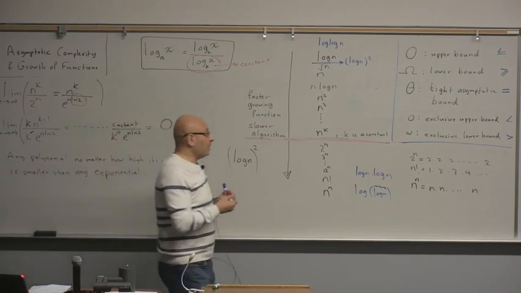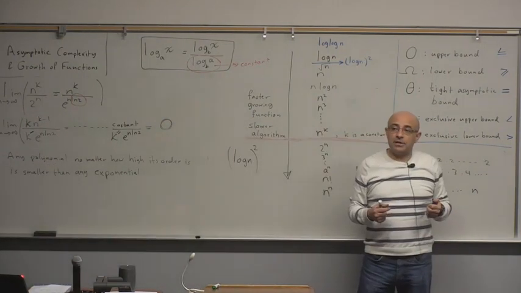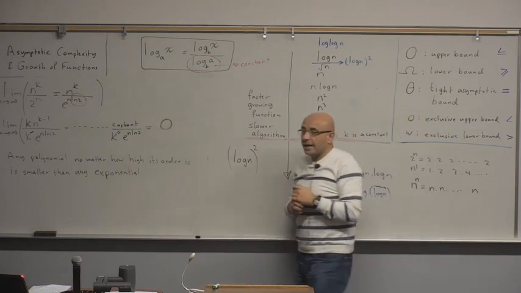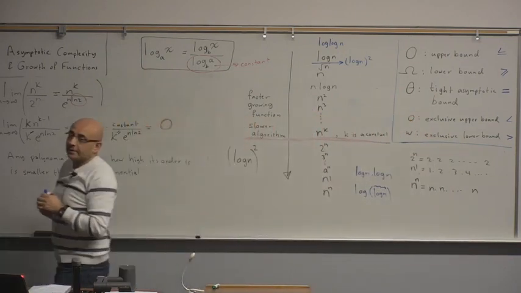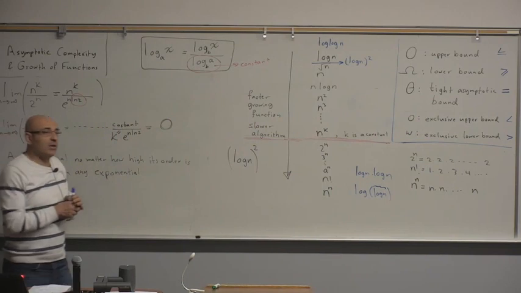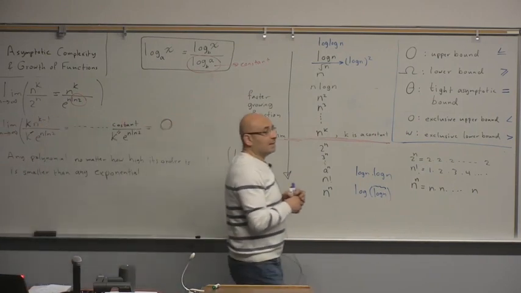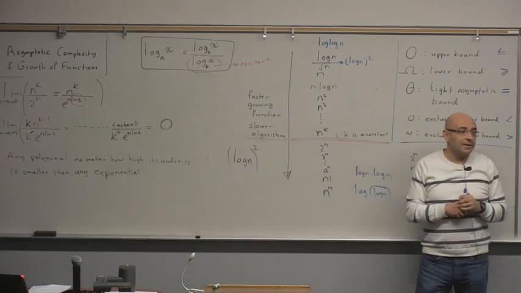Okay? So any polynomial is smaller than any exponential. That's why, in algorithm analysis, polynomial is not as bad as exponential.